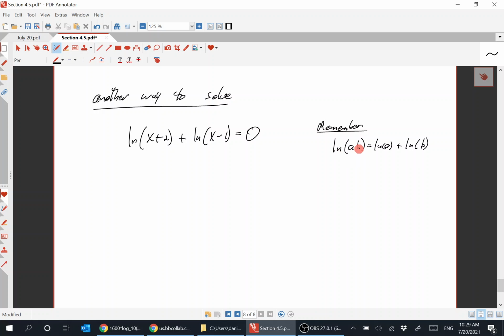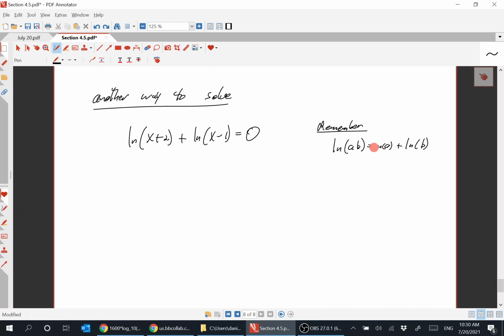Right? Not the natural log of a times the natural log of b. It's the natural log of a plus the natural log of b. It's like e to the a times e to the b is e to the a plus b. It's sort of the equivalent formula to this here.